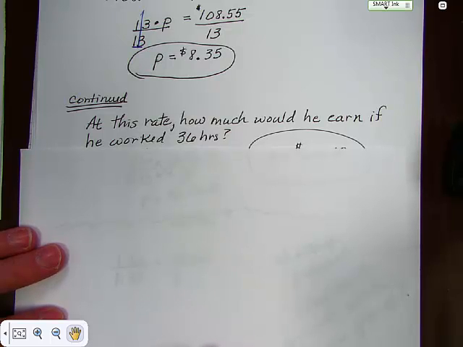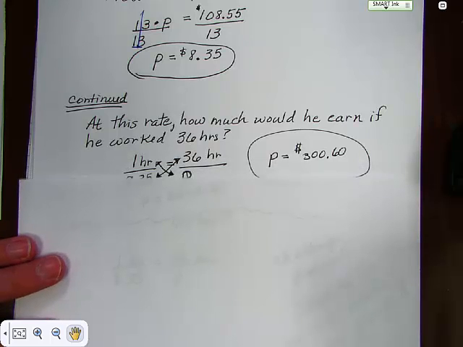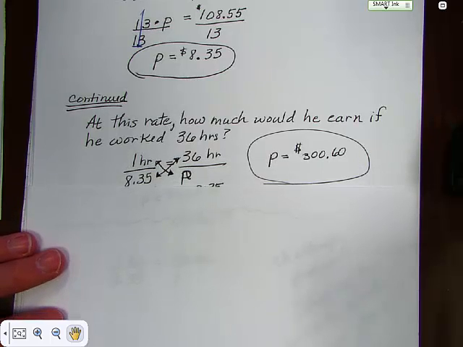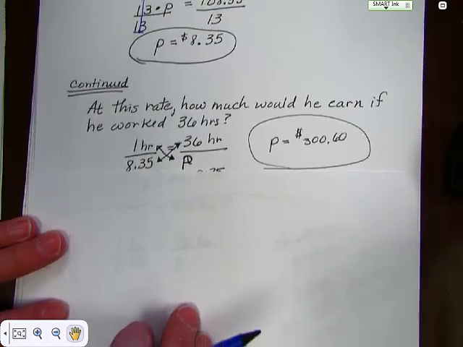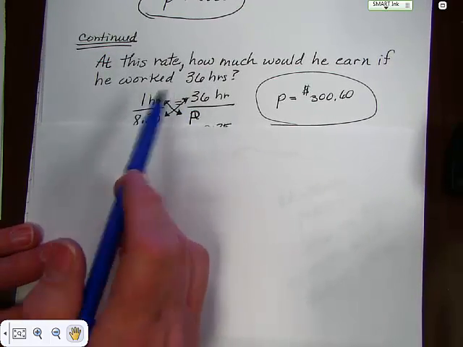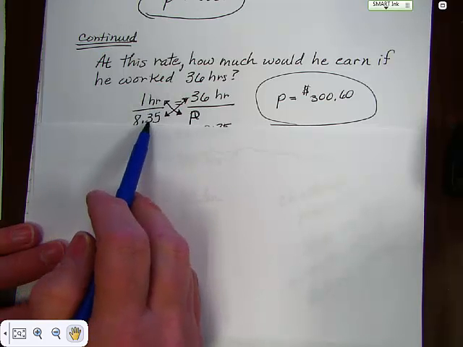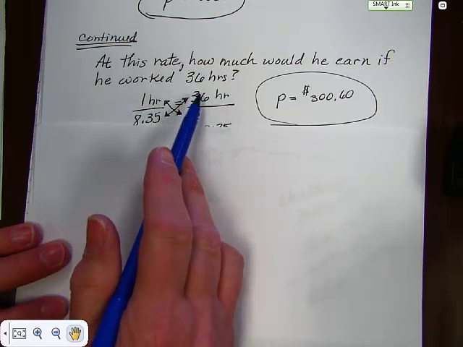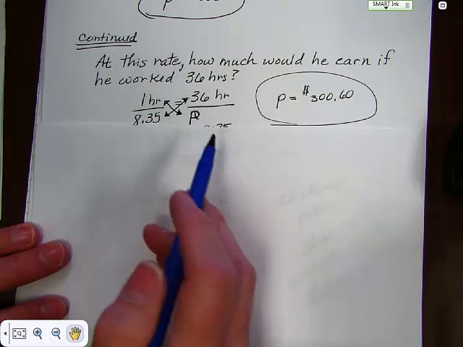Now, I know you could say, well, I'll just take 36 times $8.35, and you can do that. That will give you the right answer, and I wouldn't tell you that it wouldn't. But I'd like you to learn to set these up in the proportions using the ratios. So, if 1 hour is $8.35, then 36 hours is p.